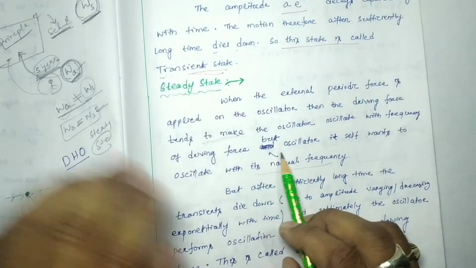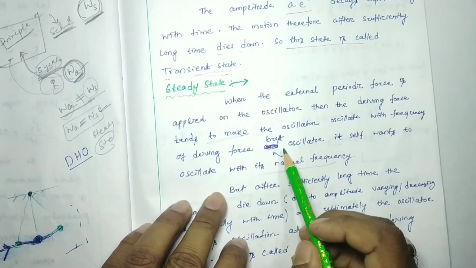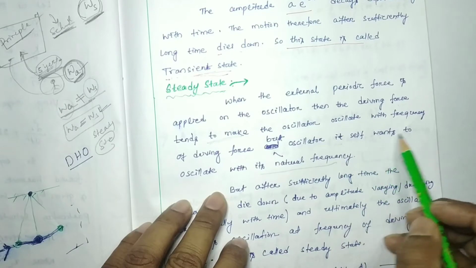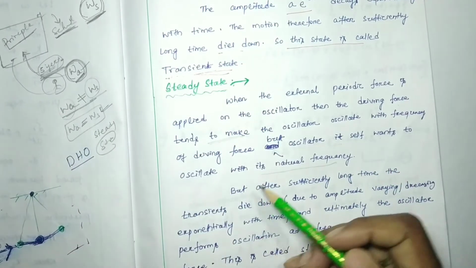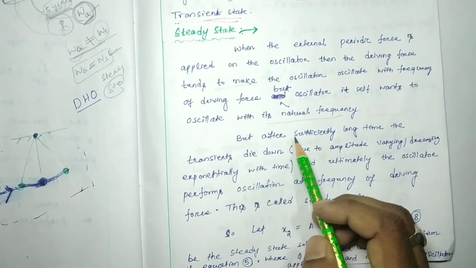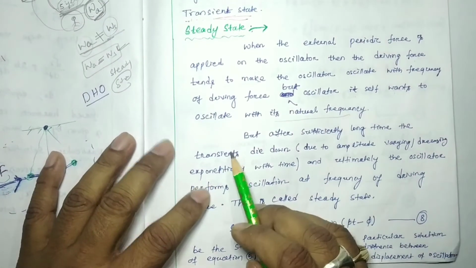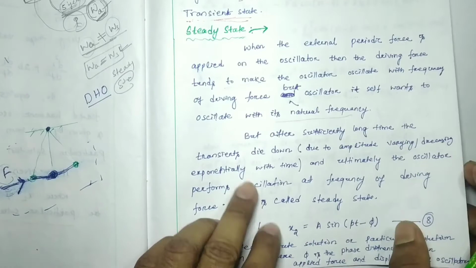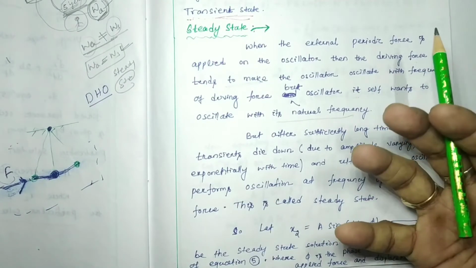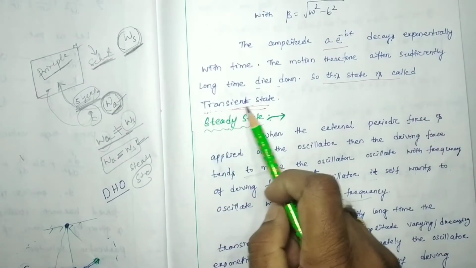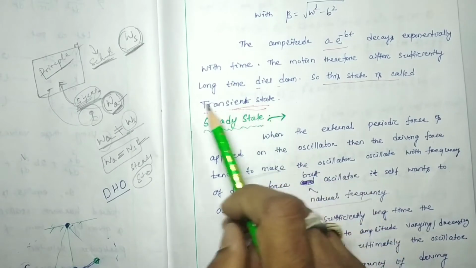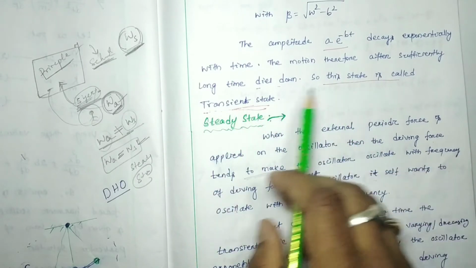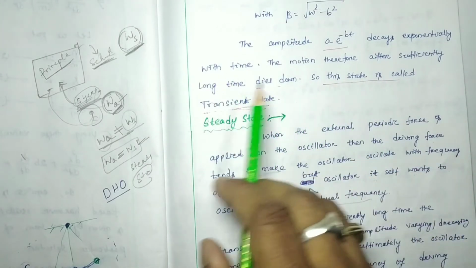So here you can see that the oscillator itself wants to oscillate with its natural frequency, but after a sufficiently long time the transients die down. Transient means its own behavior. His own behavior is telling that with time it is going to oscillate and die down.